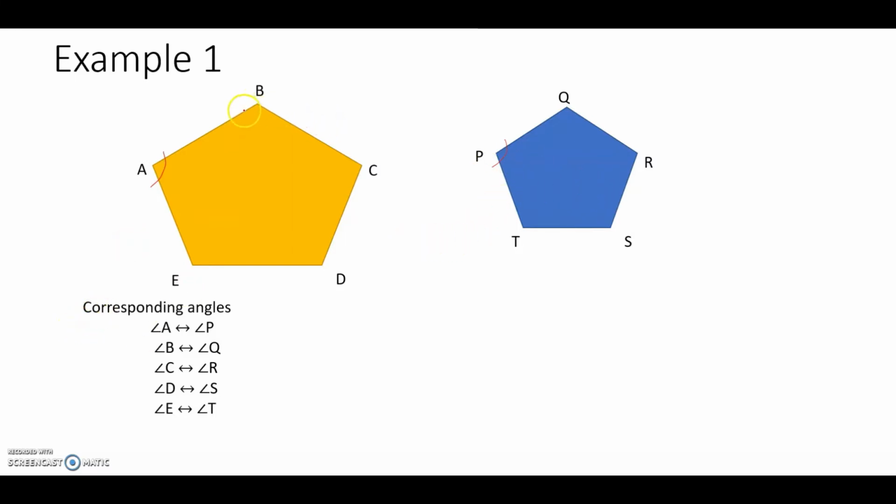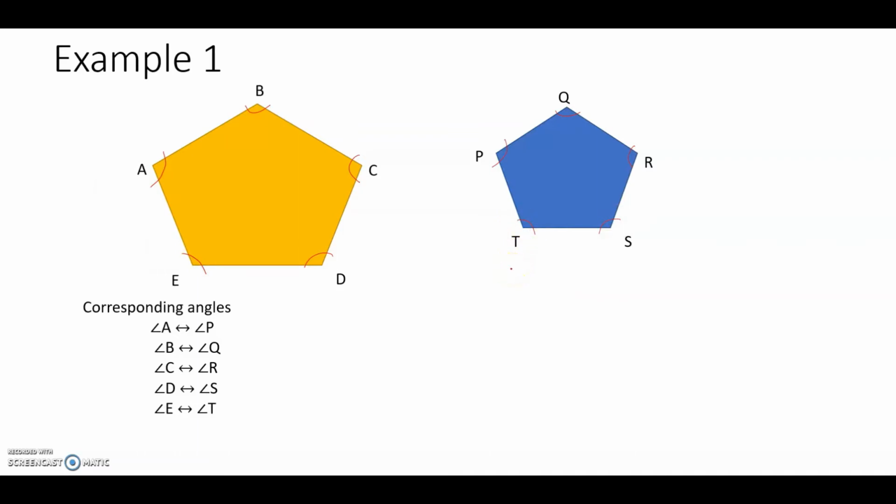Then you have angle B corresponds to angle Q, angle C corresponds to angle R, angle D corresponds to angle S, and angle E corresponds to angle T.